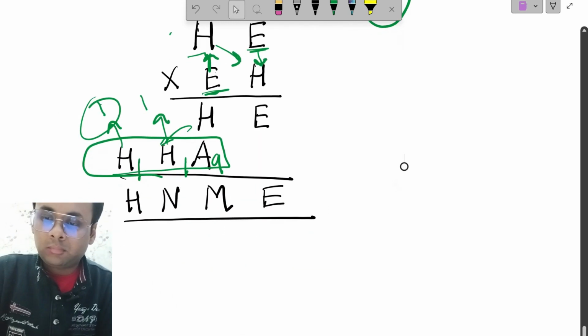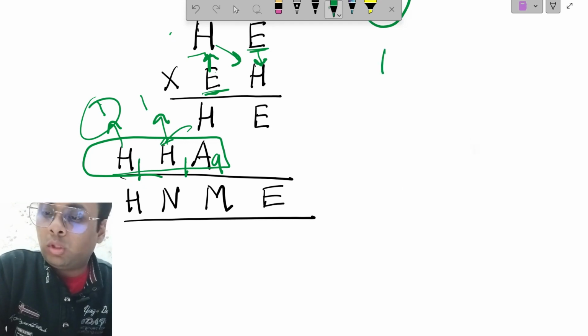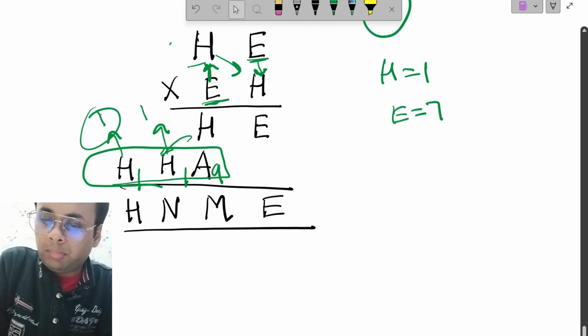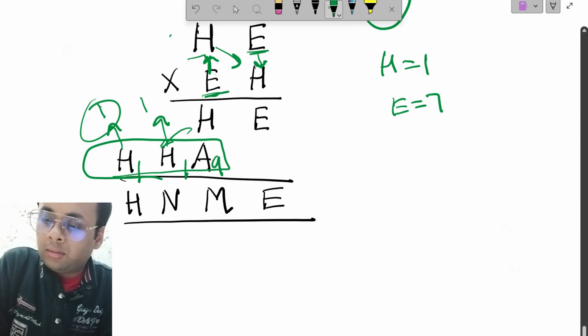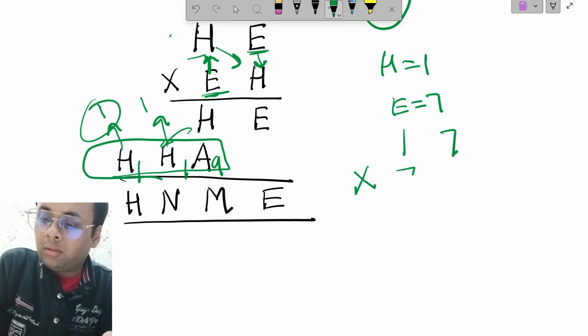So we have now found h is equal to 1 and e is equal to 7. If you just simply place them, like he 1 7 multiplied by e and h, 7 1.